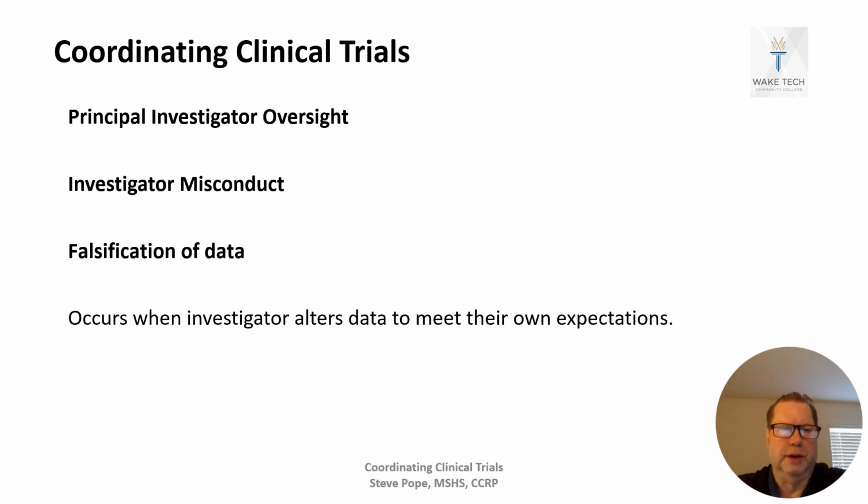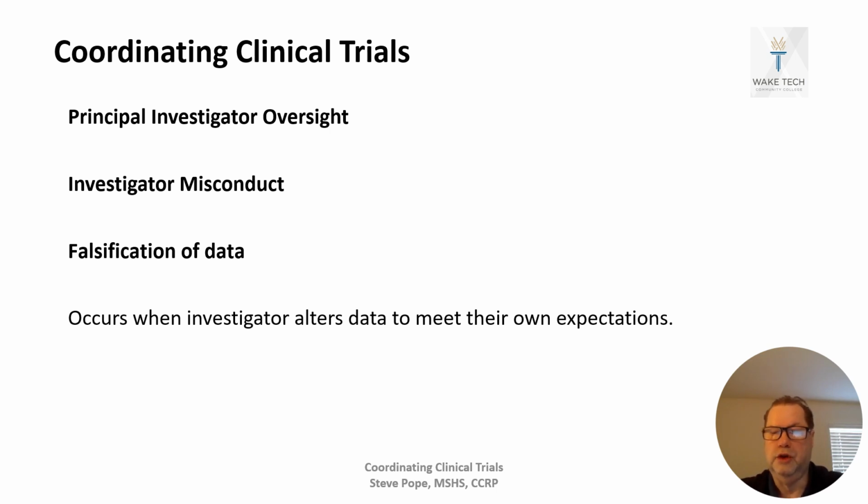Okay, so the first one is falsification of data. This occurs when investigators alter data to meet their own expectations. This might be something such as leaving out certain medical conditions that might make the subject unqualified for the trial. That could be an example of falsification of data.